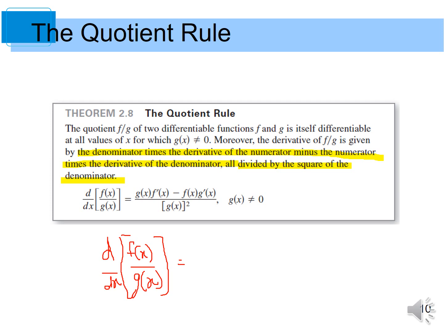We should differentiate the first function, f prime x, multiply the second function. The first function is f(x). The second function is g(x). Look at the formula.